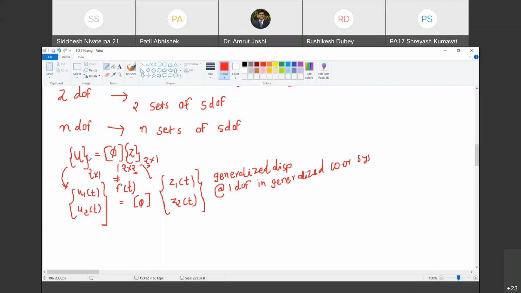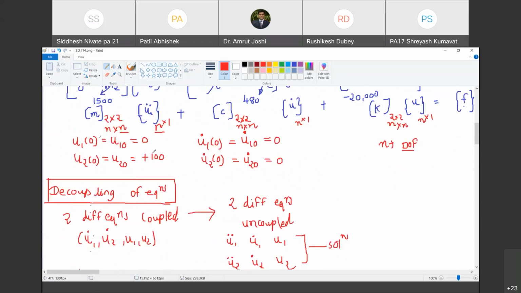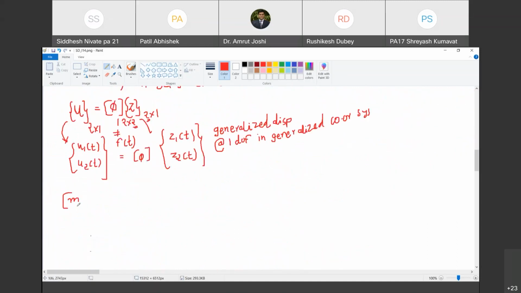What is phi? वो अभी तक हमने बोला नहीं कुछ. Now let me substitute this in the governing differential equation. Governing differential equation कौन सा है? देखो, this is M, which is a mass matrix in parent coordinate system, into U double dot, which is an acceleration matrix in parent coordinate system, plus C, which is damping matrix in parent coordinate system, U dot, which is a velocity matrix in parent coordinate system, plus stiffness matrix K into displacement matrix in parent coordinate system, equal to f.